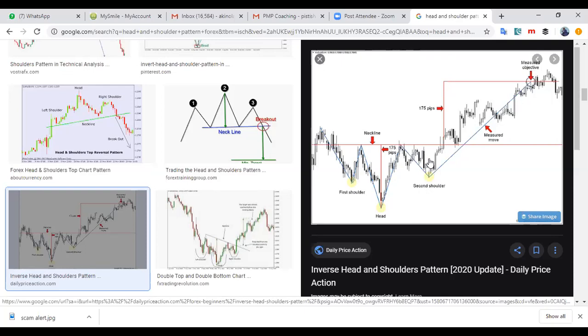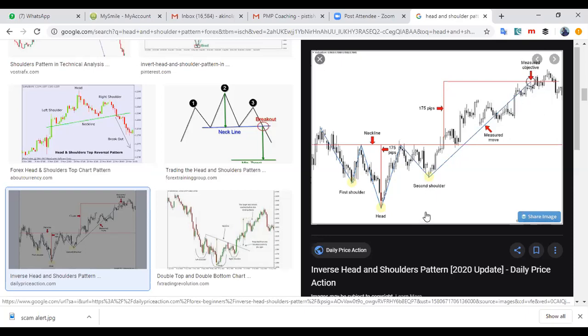It might not retrace here, it might come all the way to the head to retrace, because this is a resistance, this is a support. So I put my stop loss above or below it, such that if it eventually comes to form a double bottom, I will still be in the trade. It will not trigger my stop loss and then I will eventually still make money from it. You get my point? So that's why I trade it that way.